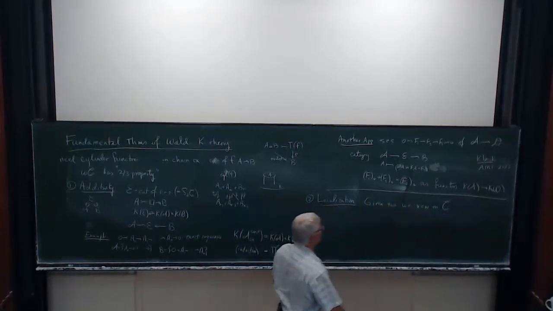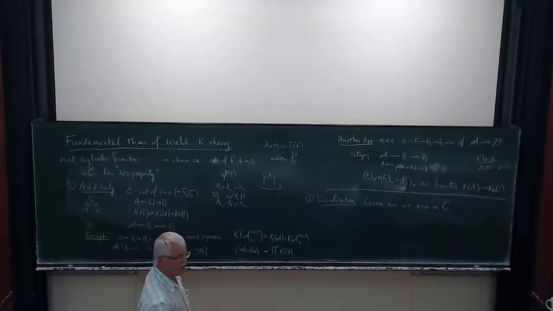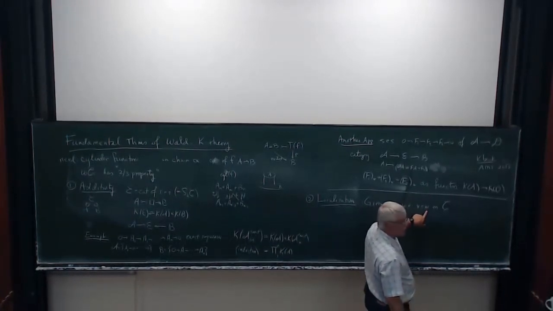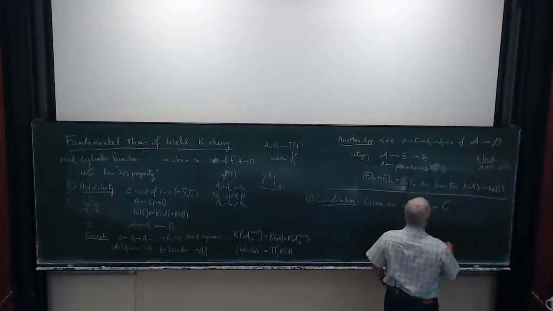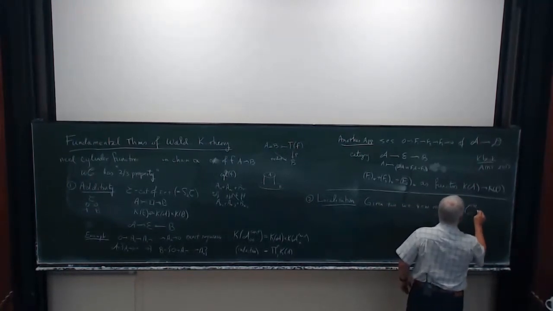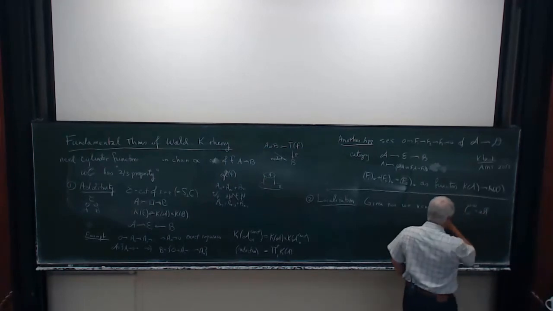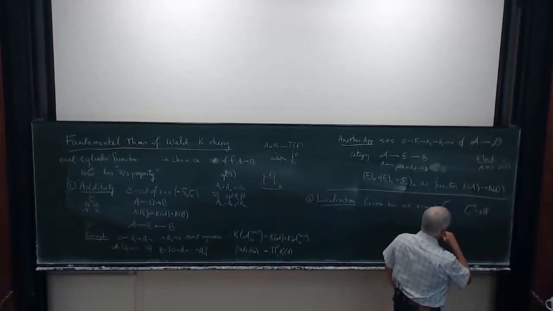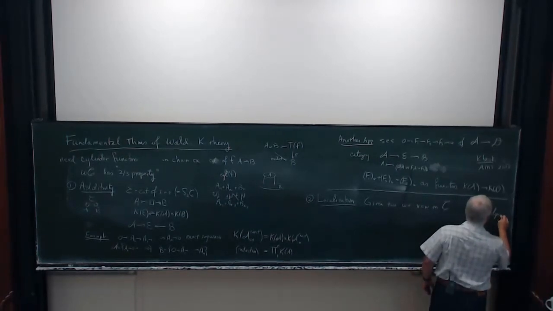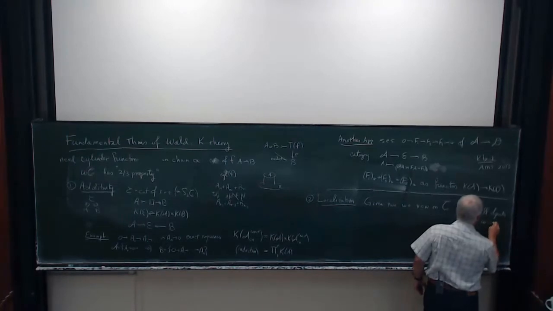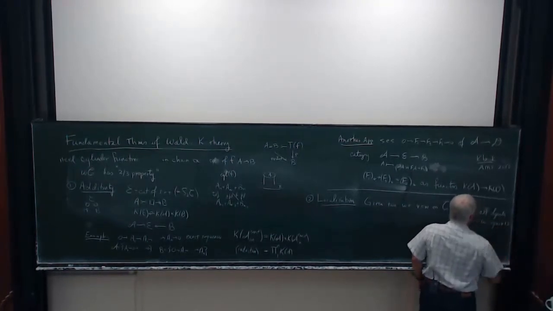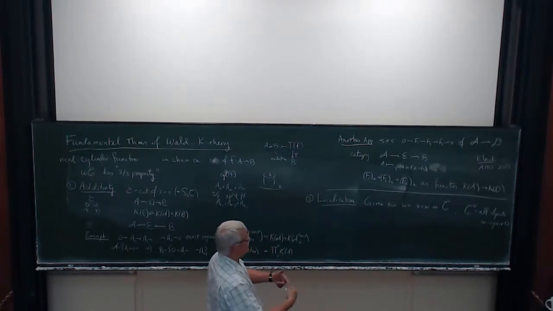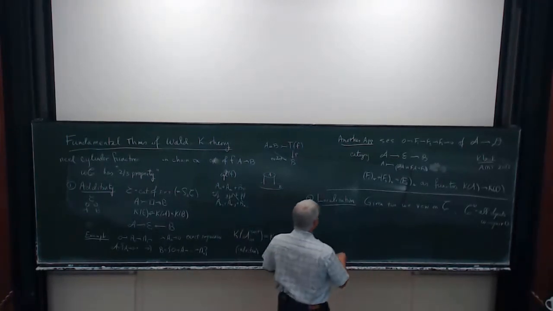So if you have a Waldhausen category and you have two notions of weak equivalence which are compatible with the cofibrations, and one is the V weak equivalence and one is the W weak equivalence, then you write C upper W is the full subcategory of all objects which are weak equivalent to 0.